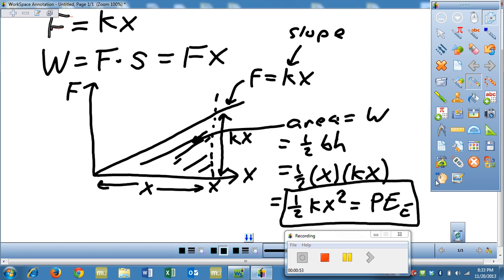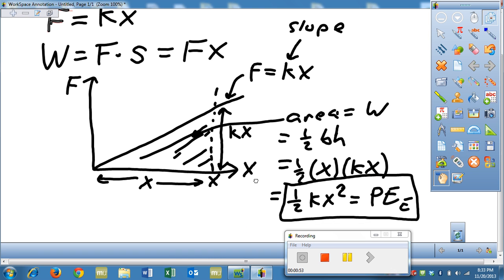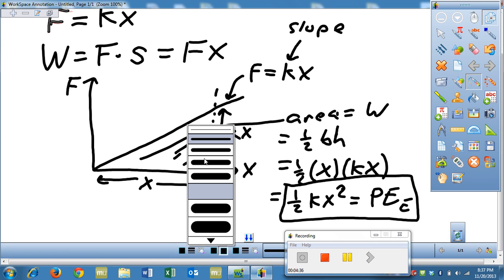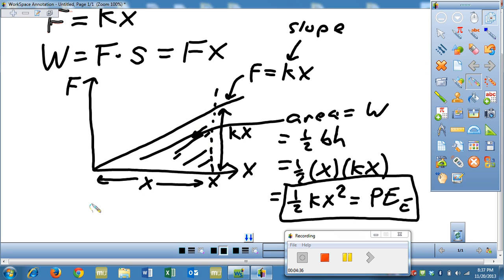Now I always like to show the calculus people where calculus might come into it. So I'm going to make this line just a little bit finer, because it's getting to be a bit much here. So the area under that curve is going to be the integral of f of x dx.